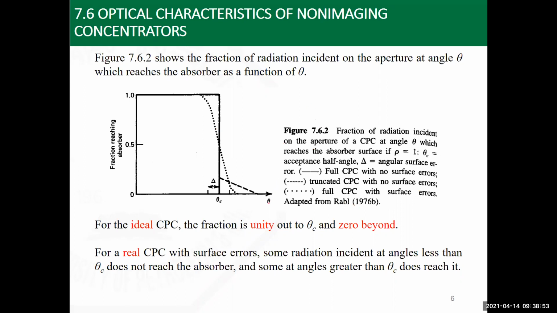For the ideal case, you're going to have 100% of the energy falling into the receiver as the value of theta varies from 0 up to the acceptance angle limit. So for the full CPC with no surface errors, all the energy passing through the aperture falls onto the surface. This is the ideal case with no surface errors.